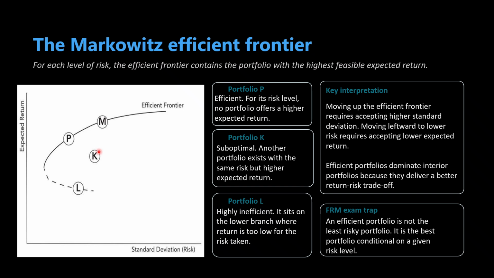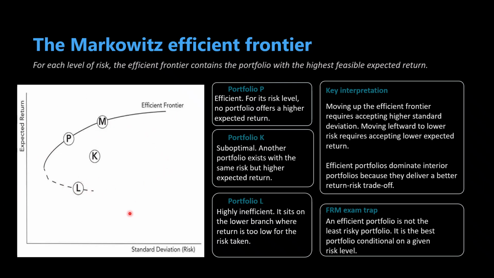Portfolio K here sits inside the frontier, in the interior of the feasible set. That means there exists another portfolio with the same level of risk but higher expected return. Portfolio K is therefore suboptimal, and no rational investor would hold it if they can identify and access frontier portfolios along the curve.